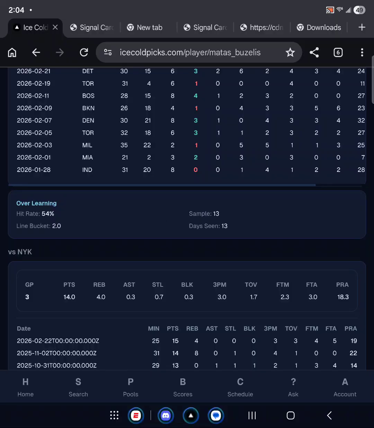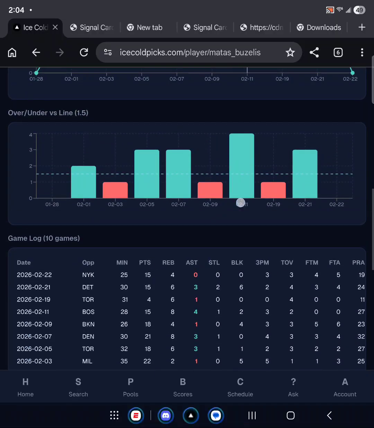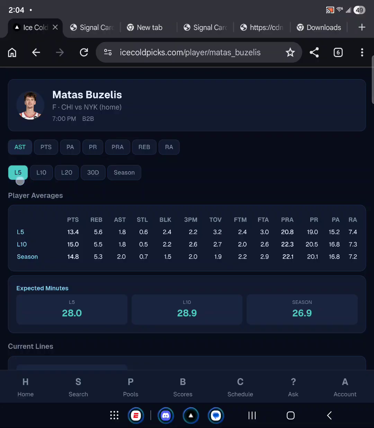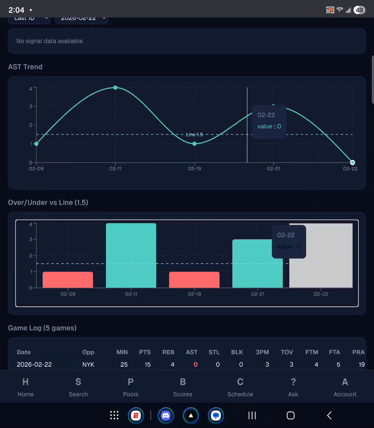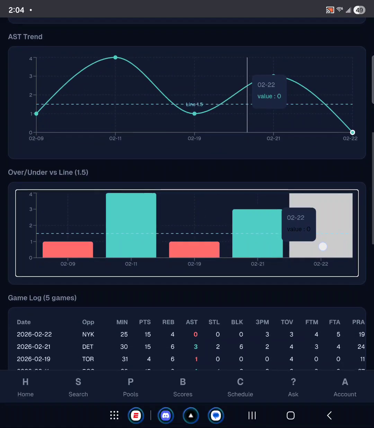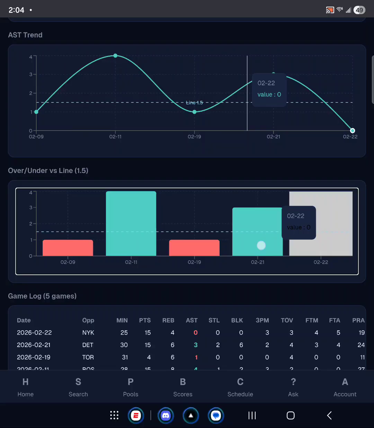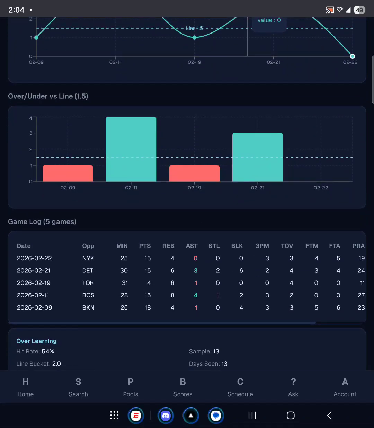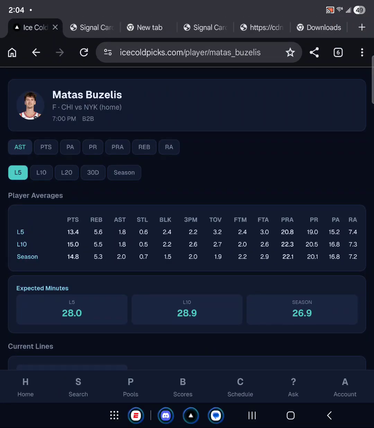Points, he's clearing that a lot of that time. If you just filter this down to the last 5, it's actually not that bad. That would have been empty for today, so you would have been looking for the last 5 and it would have been 18. So he's actually cleared, or he's come close to clearing his line if his line is 15.5.